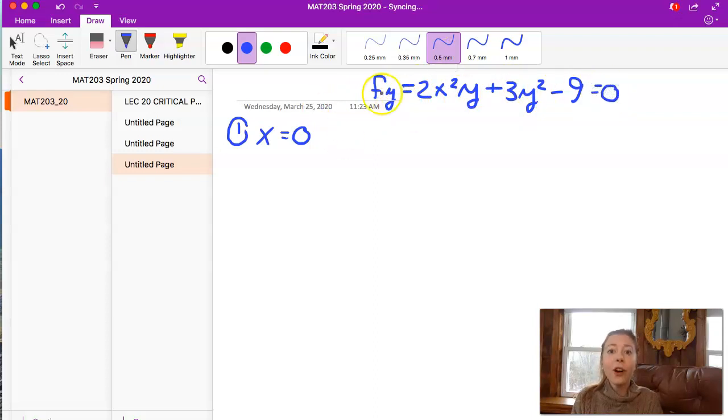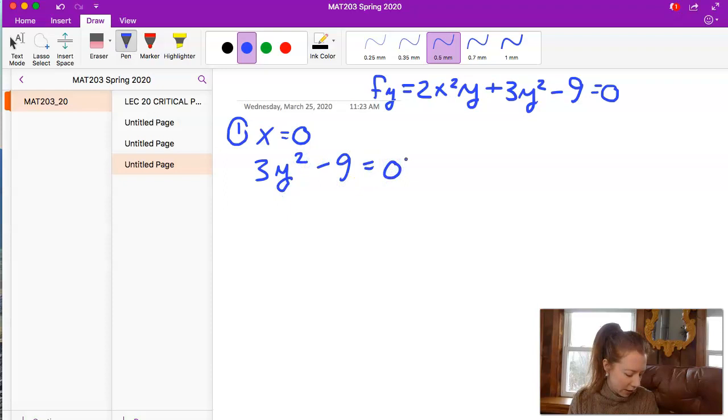All right, so first we are going to plug into that partial with respect to y. We're going to plug in x is equal to 0. And so if we plug in x is equal to 0, we end up with 3y squared minus 9 is equal to 0.